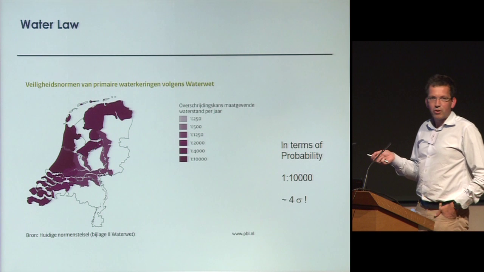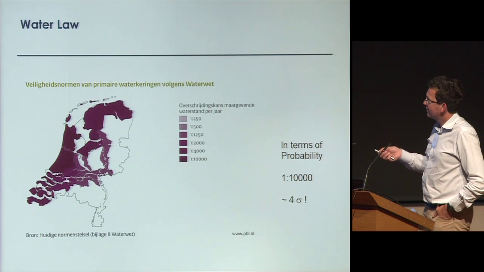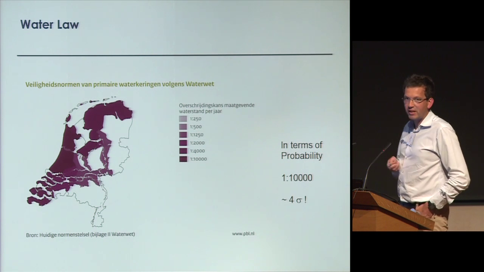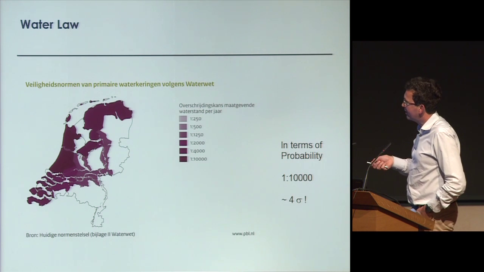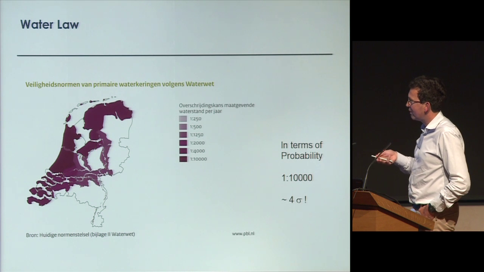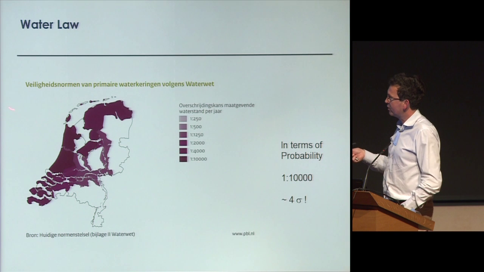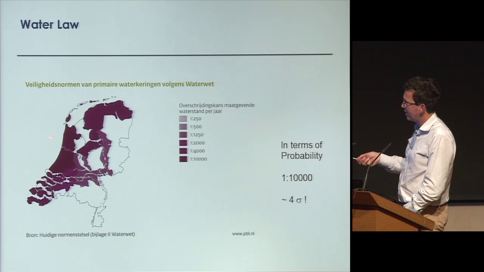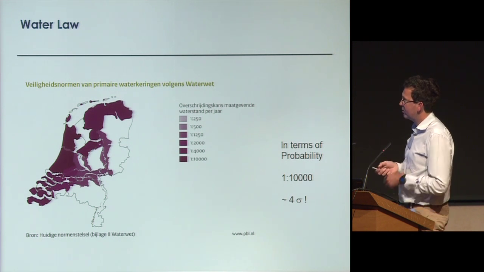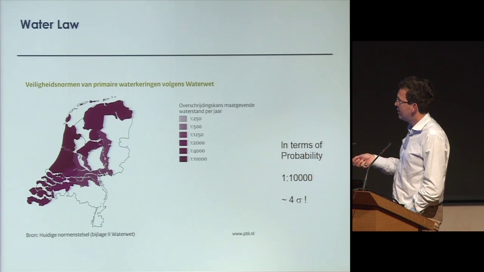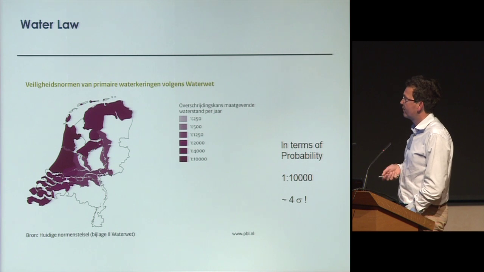And because it is obviously very important, this kind of thing for the Dutch coast, we also have a water law. And so by law, we have to protect our coastline to different levels of accuracy of storms around the country. And the most dark parts, which are the parts here, they should be protected to storms which can only occur once every 10,000 years.